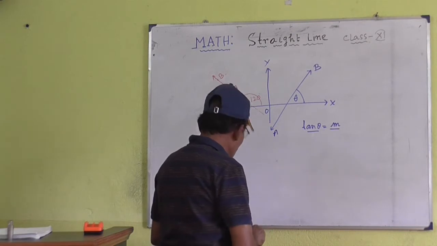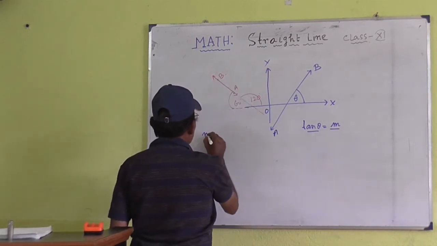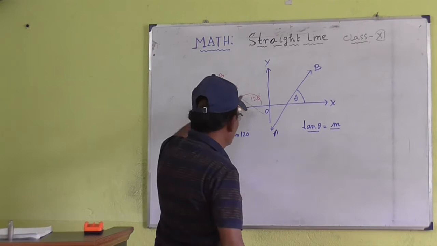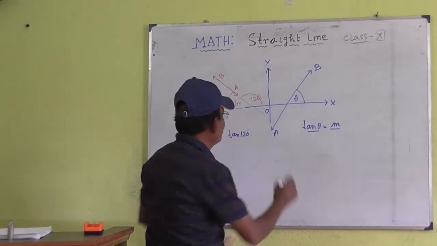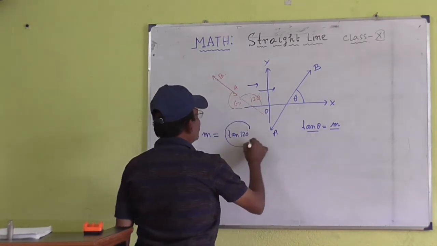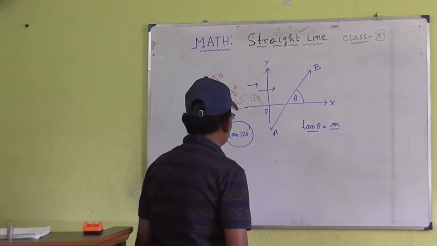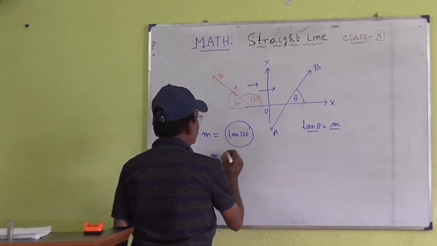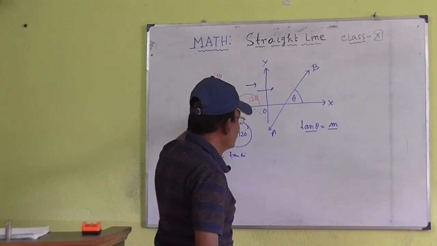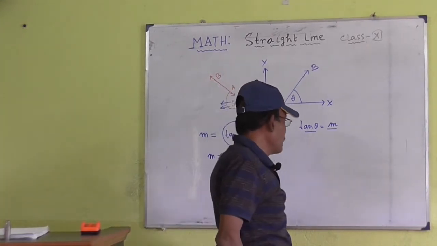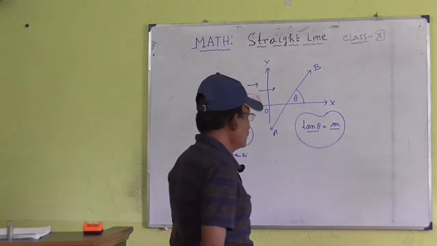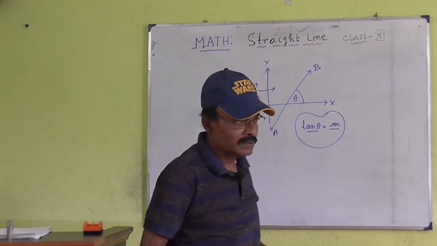So tan theta, this gradient m, is tan 120, because 120 degrees is measured on this side. So the value of tan 120 degrees represents the gradient, m not equal to tan 60 degrees. Okay, because here it is on the left side, clear. So first you should understand the meaning of slope and gradient.